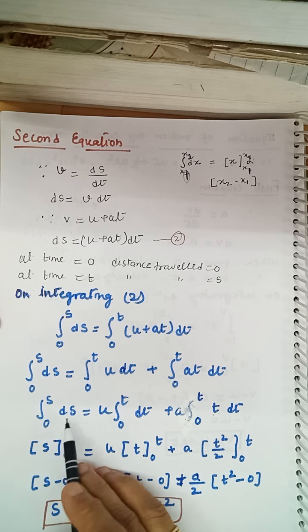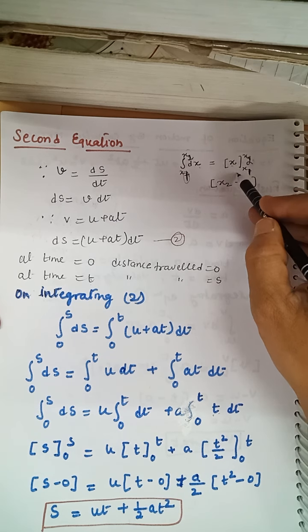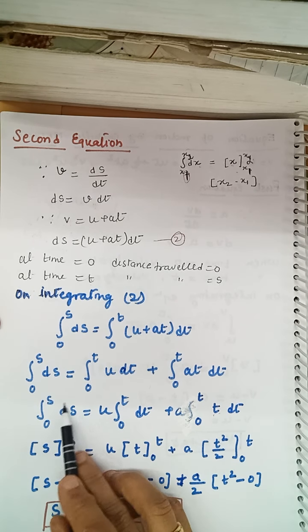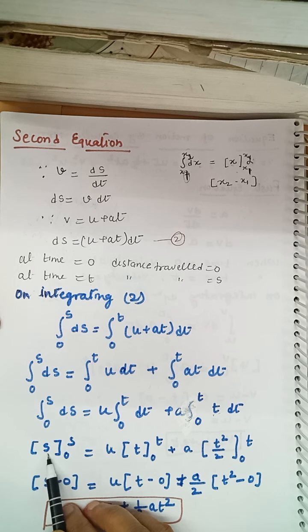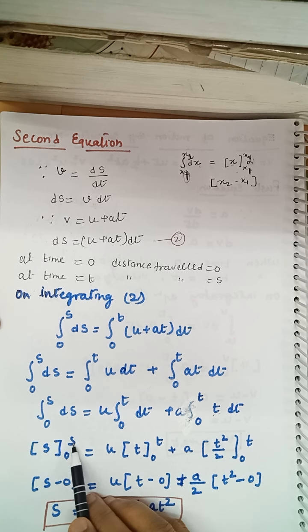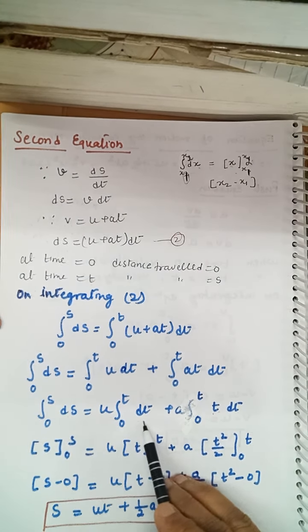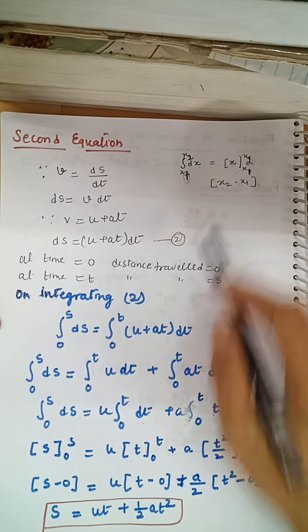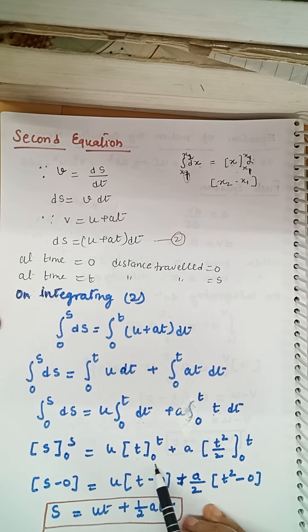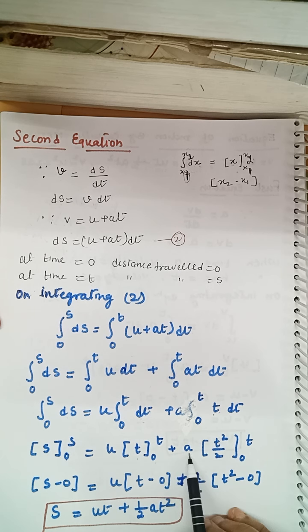Now here we will apply the formula integral of dx is equal to x. So in place of dx we have ds, so you will write s, limit 0 to s. Here for dt, the same formula you will apply. In place of x, in place of dt you will write t. Lower limit, upper limit. a is constant.